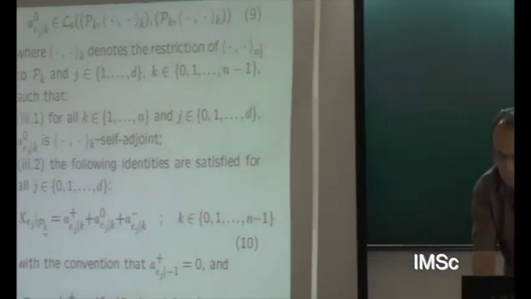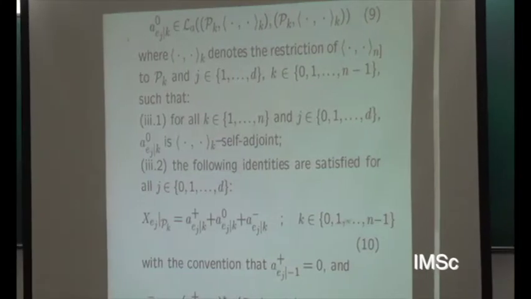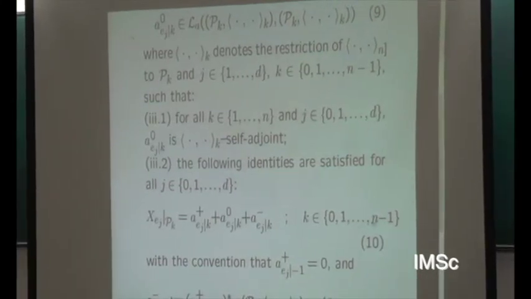And this must be true for each k up to n minus 1. Why n minus 1? Because the annihilator is the adjoint of the creator, and the creator at the nth level will go to n plus 1.